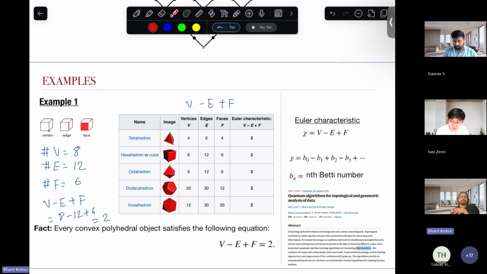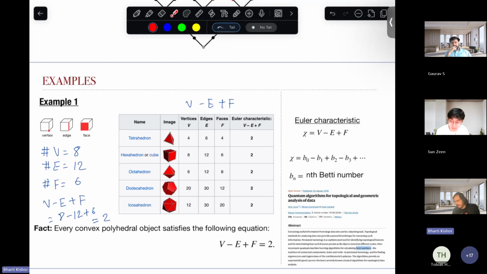If you go to high school and want to give kids a puzzle, you can ask them to calculate V minus E plus F, and they will be amazed to see that it's always 2, for objects of a certain kind, like convex polyhedral objects.